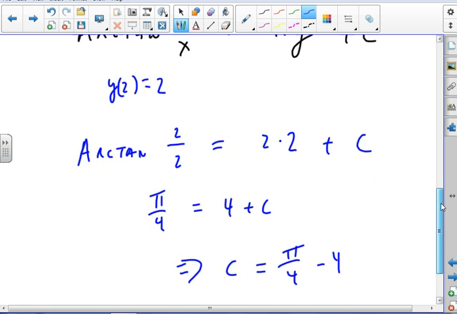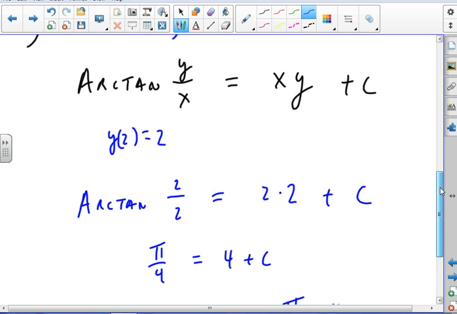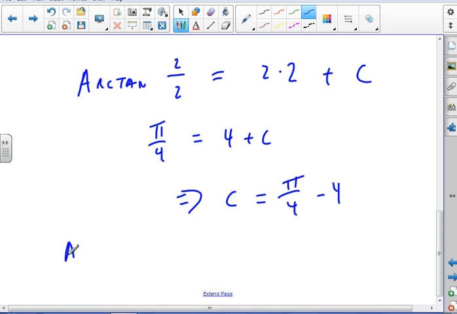So now we can write a final answer, and it would be the arctangent of y over x is equal to xy minus 4 plus pi over 4.